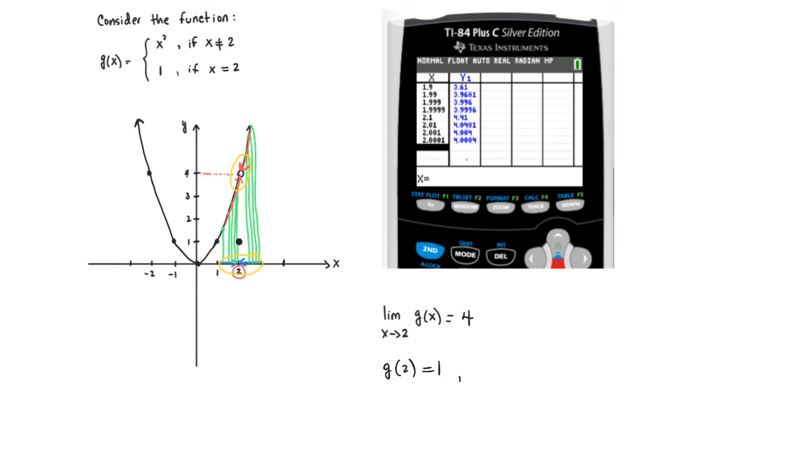The limit is all about what the y values around x equals 2 are approaching. And the y values are approaching 4. They are not approaching 1. So this is why the limit as x approaches 2 of g of x is not equal to the y value. As we said above, the limit as x approaches 2 of g of x happens to be equal to 4, not to 1.